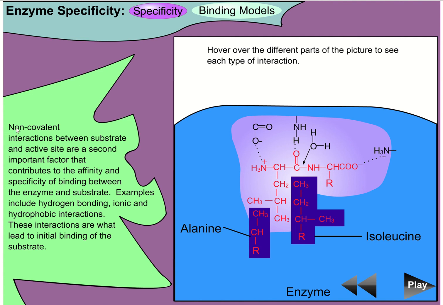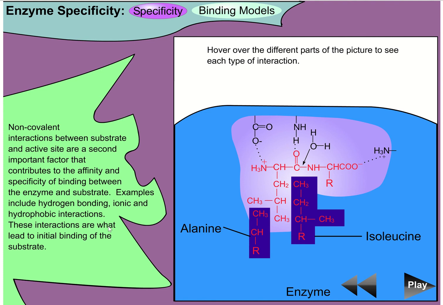And what they're saying on the left-hand side is that non-covalent interactions between the substrate, which is the red guy here, and the active site, which are all the amino acid side chains shown here, contribute to the affinity and specificity of the binding between the enzyme and substrate. Examples of these interactions that we know are hydrogen bonding and ionic charge interaction, as well as hydrophobic interactions.